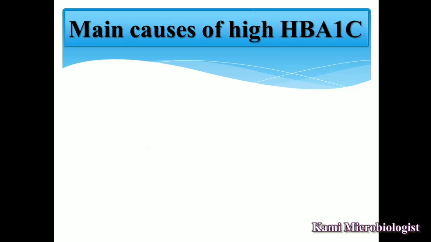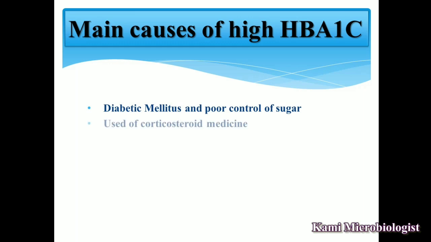Okay, let's see the main causes of high HbA1c. So it is due to diabetes mellitus, and it is also due to poor control of the sugar. It means if those patients who have diabetes are not controlling their sugar level, obviously their HbA1c level will get high.